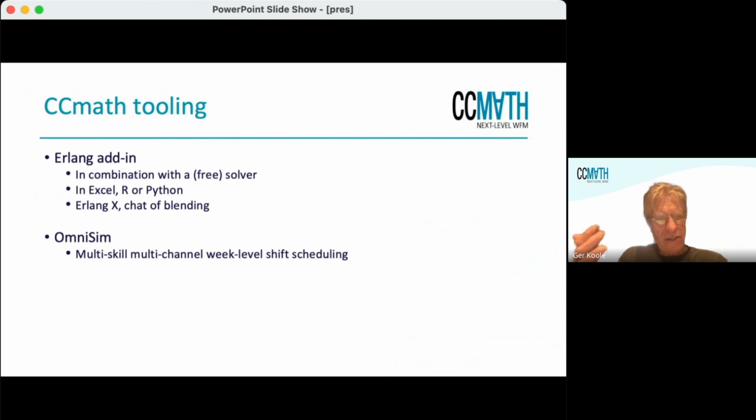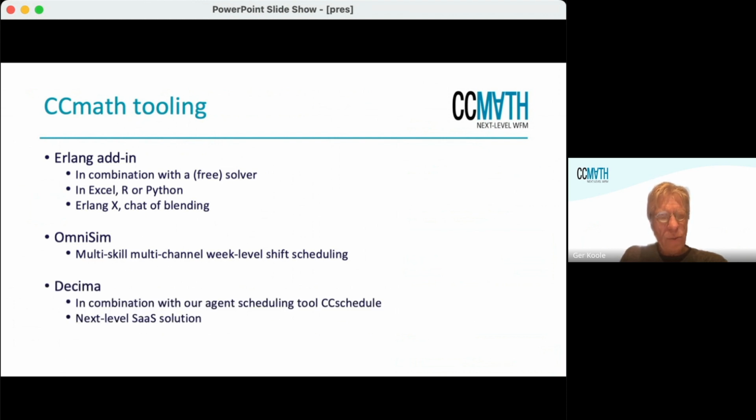As I said, multi-skill and multi-channel. And definitely, if you want to do like these BPOs, preparing proposals in a multi-skill or multi-channel situation, then you will need tooling like this one.